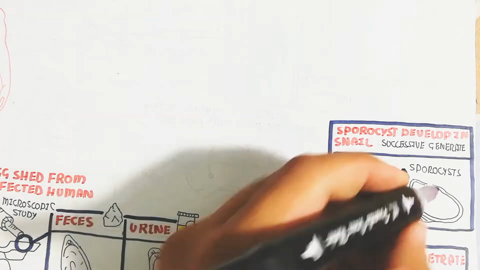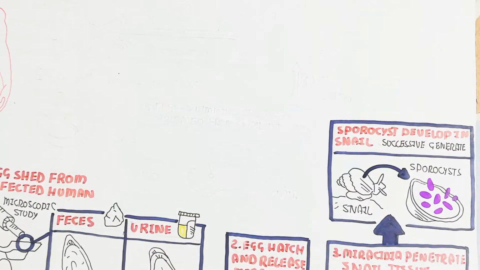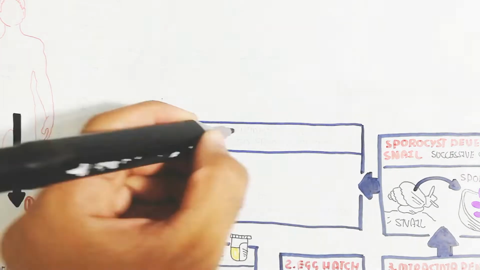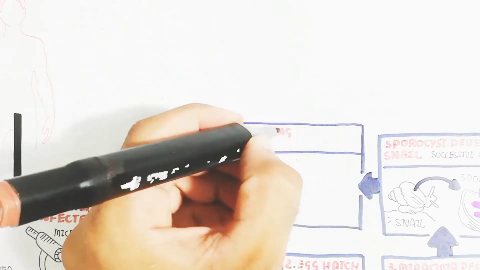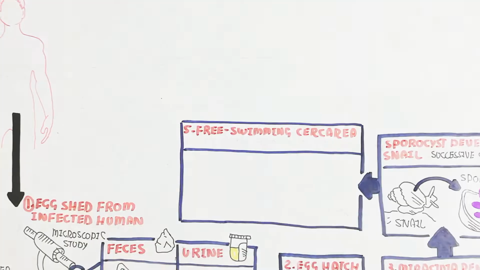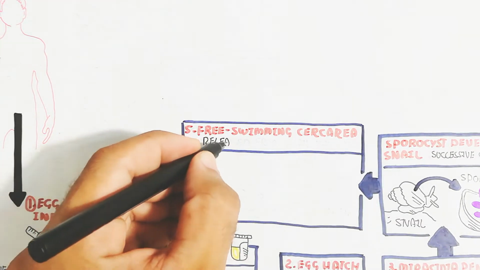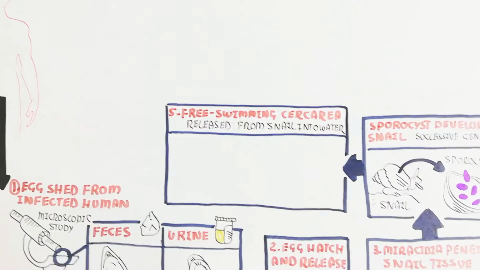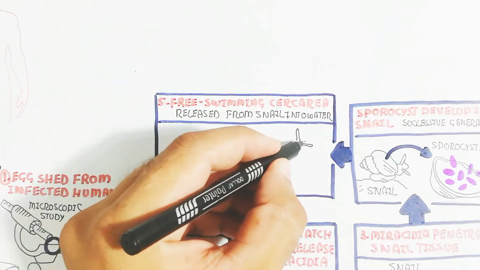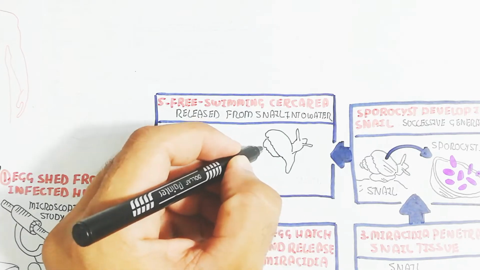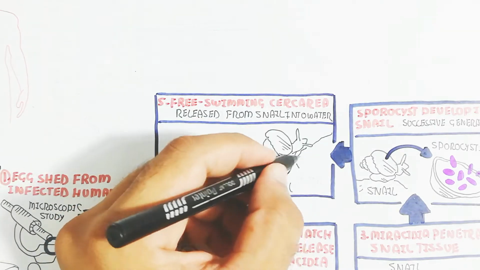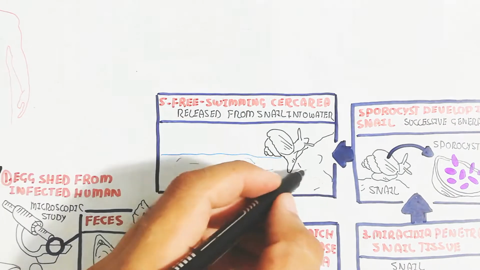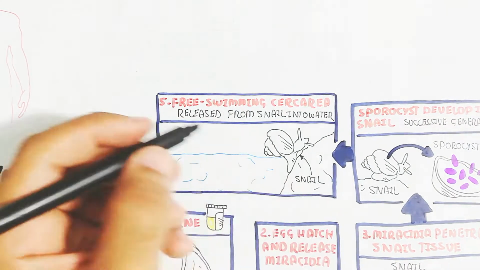Let's understand the fifth step. Free-swimming cercariae are produced. The sporocysts rupture to release cercariae into the water, and cercariae are characterized by swimming freely. So free-swimming cercariae are released from the snail into the water.